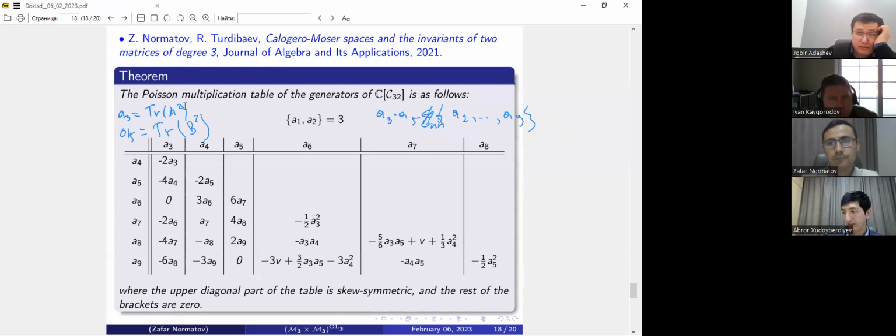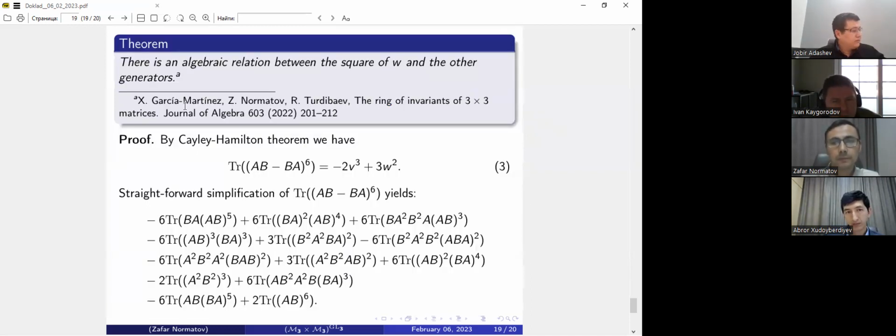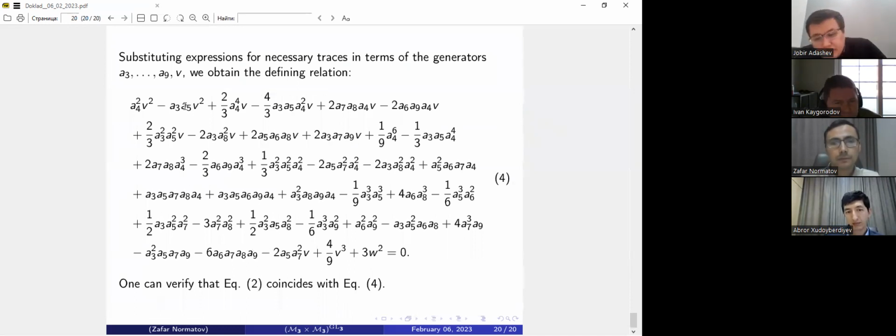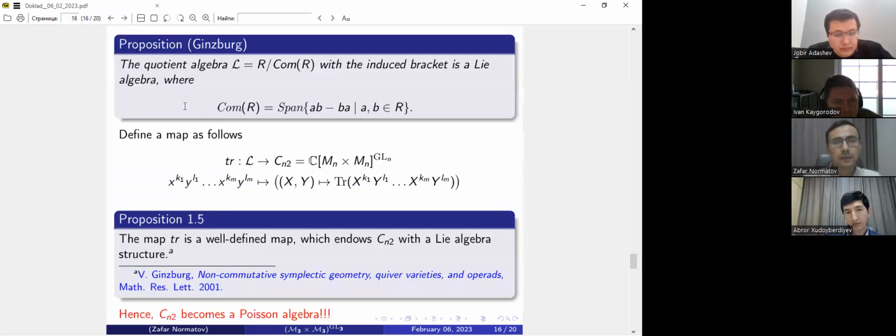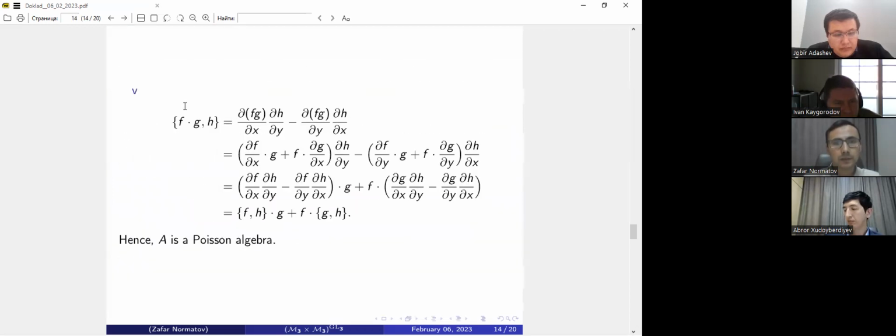And what about Calogero-Moser spaces? Is it related with this result? Calogero-Moser space, you mean, right? Yeah. Actually, the Calogero-Moser space is a subspace of the GL_N invariant matrices.